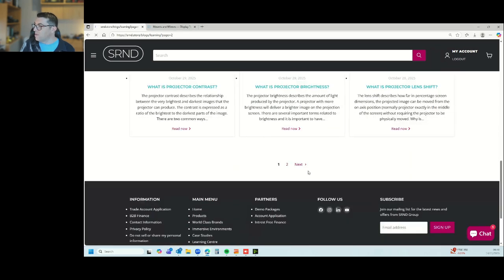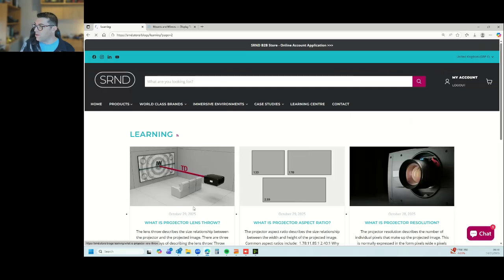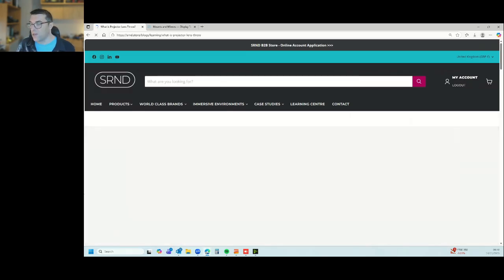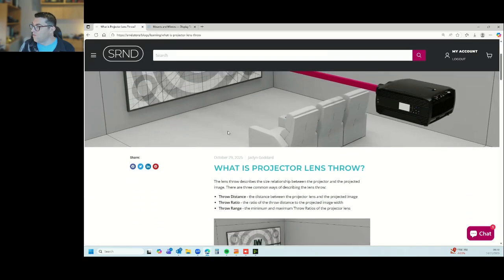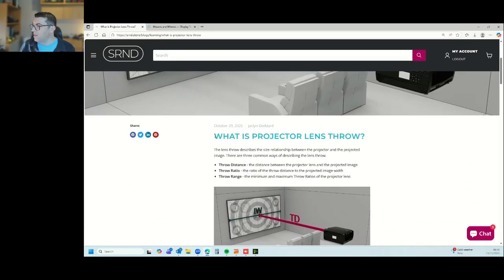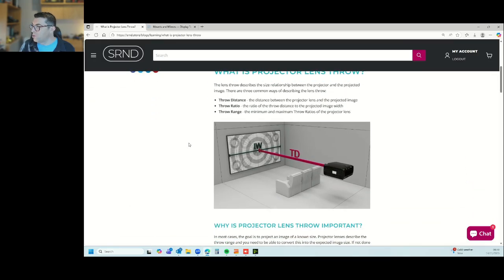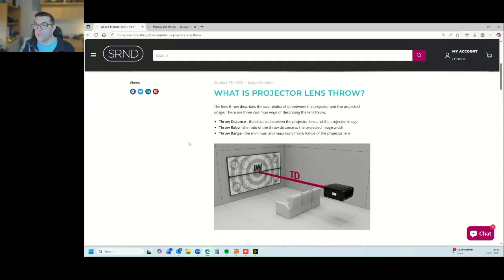So the first thing that you want to think about when you're looking at a projection system is the lens throw ratio. This is the one that we get asked about most of all, I have to tell you. People struggle with throw ratio.